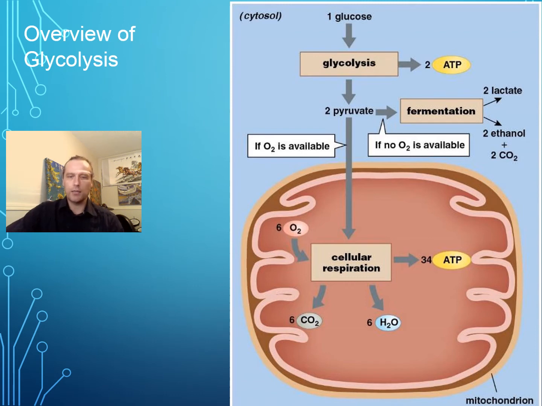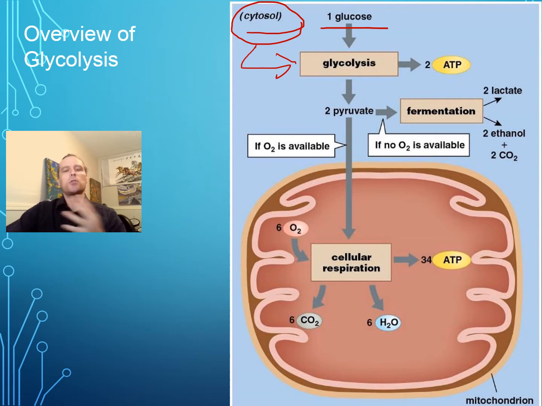Overview of glycolysis. So top here, circling it now, cytosol. This is where glycolysis happens. Just an overview here. We'll get into more details momentarily. We take one glucose molecule, and that's what we'll generally be talking about whenever we're talking about anything here: what happens to one glucose molecule.